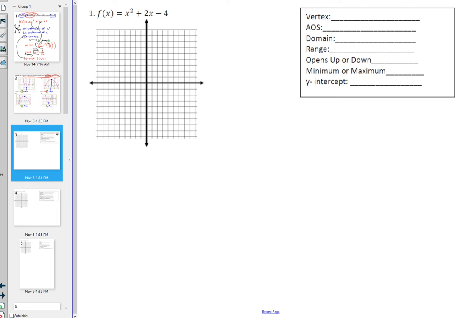We'll graph afterwards. If you look at all the stuff you're being asked for in that little box on the right, which ones do you think would be the easiest to answer? The domain is actually going to be the easiest, but I haven't mentioned domain once yet. But yes, domain probably you could argue is going to be the easiest one of all. But let's leave that one. We'll hold off for right now. Based on what I showed you on the first page.